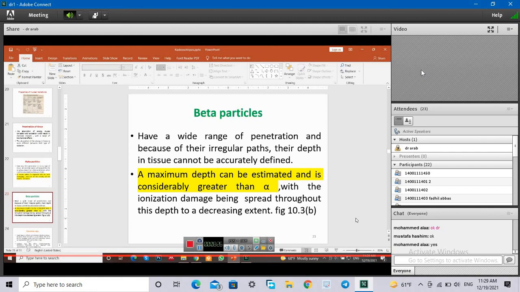The main point is that the maximum depth is considerably greater than alpha particle. Up to now, we learned that the lowest penetration belongs to the alpha particle, and after that to the beta particle, and the penetration rate of beta particle is higher than the alpha particle.